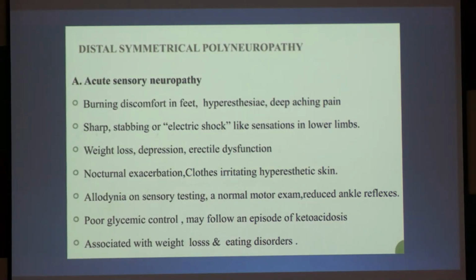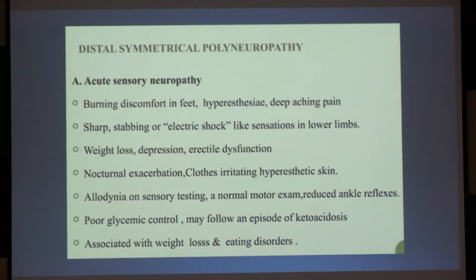Acute sensory neuropathy. Clinical features include burning sensation, tingling sensation, or paresthesia involving the tips of the toes and lower limbs, or sharp stabbing or electric shock-like sensation.